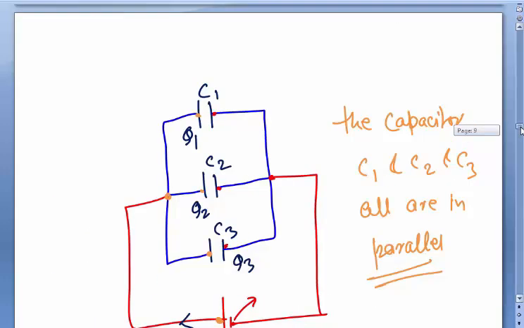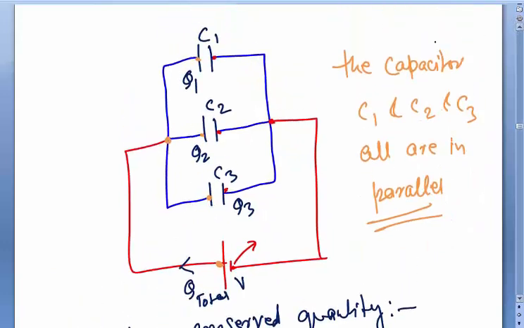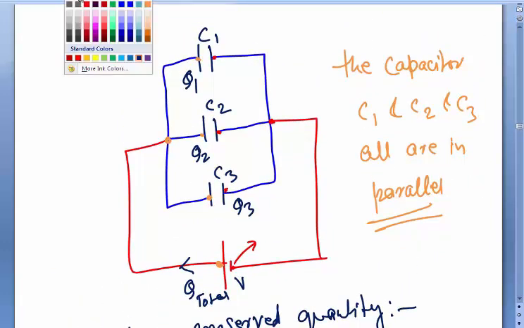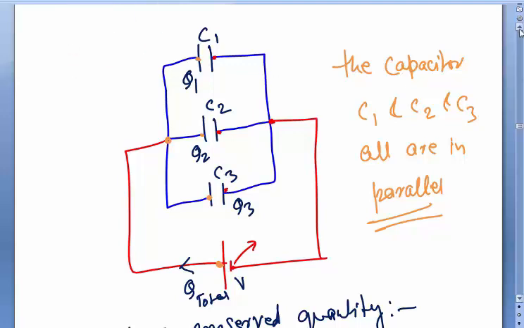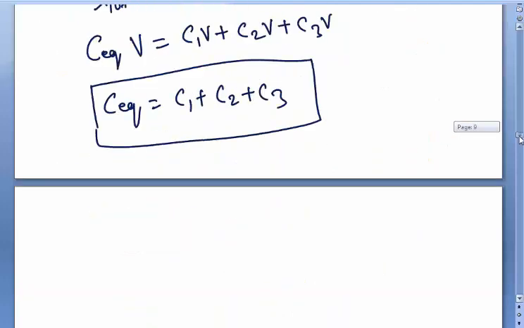Now here one more thing you have to understand, what does this C equivalent physically mean? Physically it means that if instead of these three capacitors, suppose we are putting another capacitor, let this be C equivalent. So instead of these three capacitors, if we put a C equivalent and connect it across the same potential difference, after removing this, what we will get?